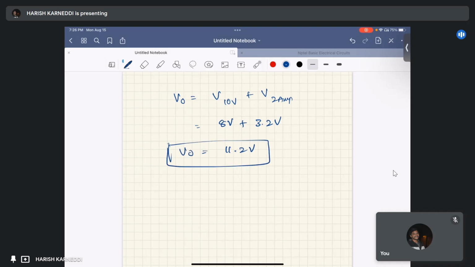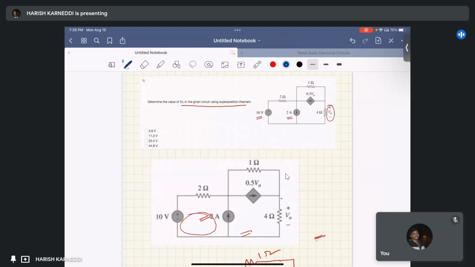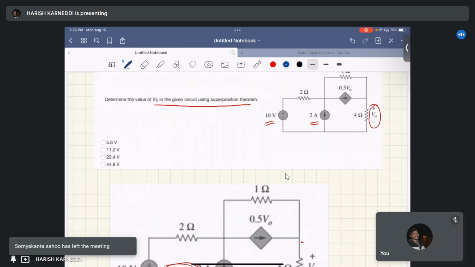The total response across any element when multiple sources are acting is equal to the sum of individual responses at that element when each source is acting alone. That is option B, 11.2 volts.